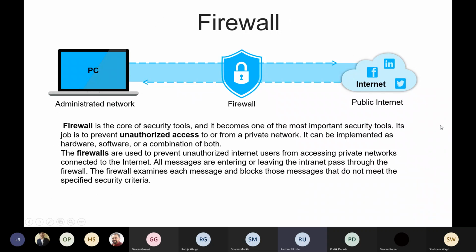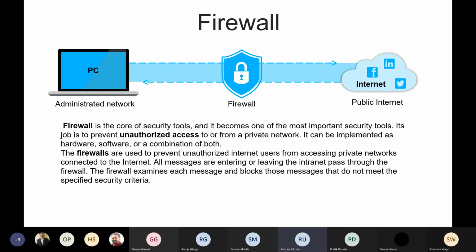Okay. So the firewall is a core security tool, and it has become one of the most important tools in cybersecurity. Its job is to prevent unauthorized access to and from a private network. The firewall can be implemented as hardware, software, or a combination of both.